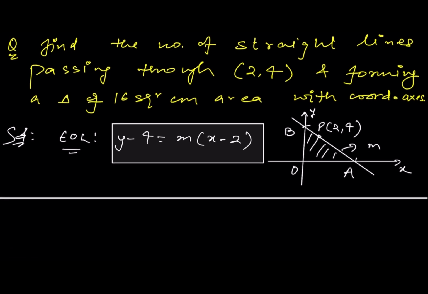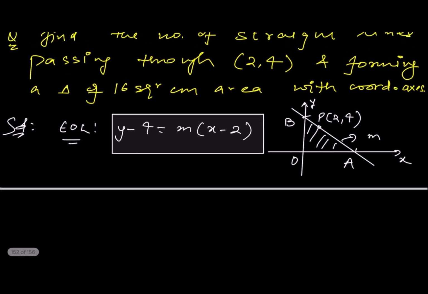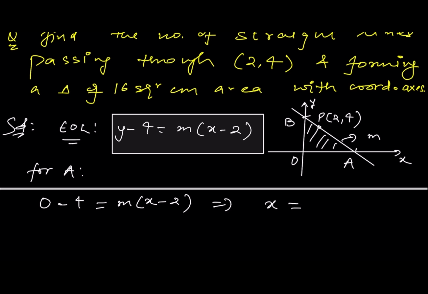Okay. So for area we need to find the x-intercept and y-intercept. So for A, put y is equal to 0. So 0 minus 4 is equal to m times x minus 2. So x is equal to 2 minus 4 by m.